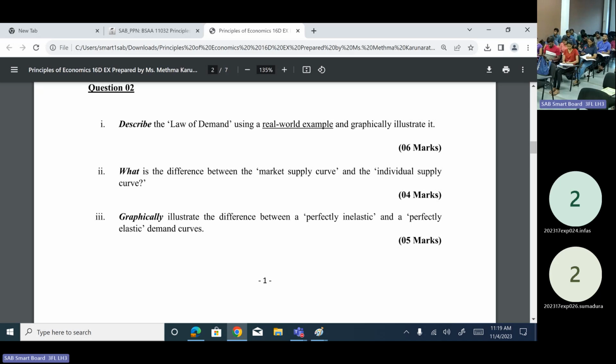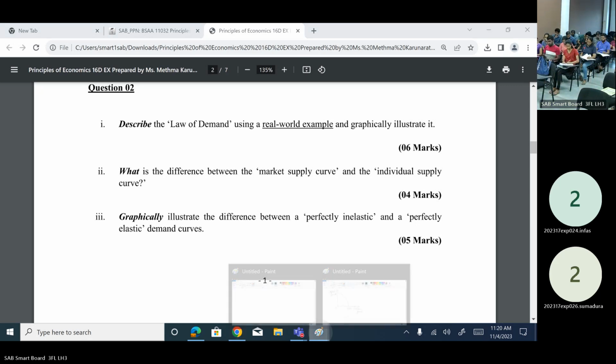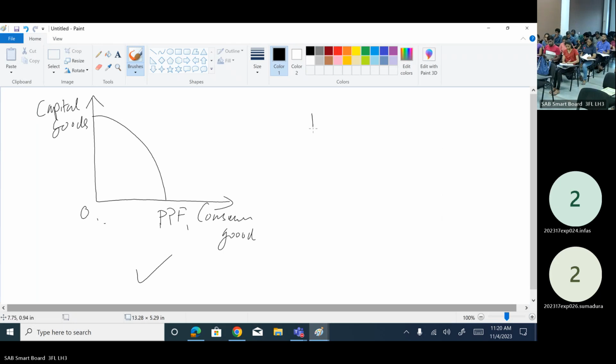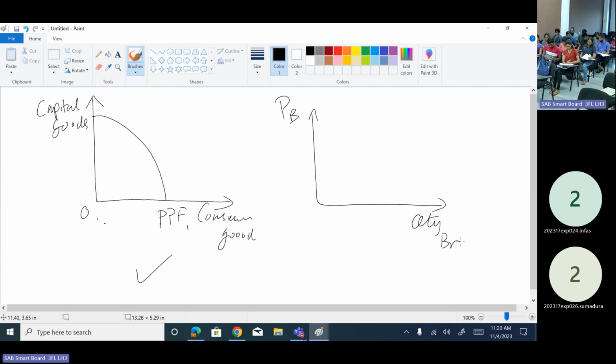Real world example. Take any product and explain. When the price of bread increases, the quantity demanded of bread will decrease. Take bread as an example. Draw a graph. The graph will illustrate. Price of bread, quantity of bread, 0 has to be there.